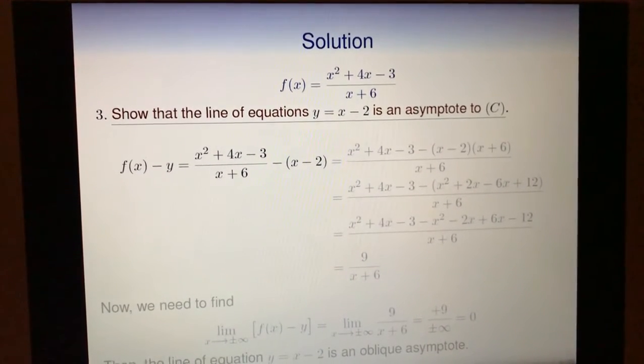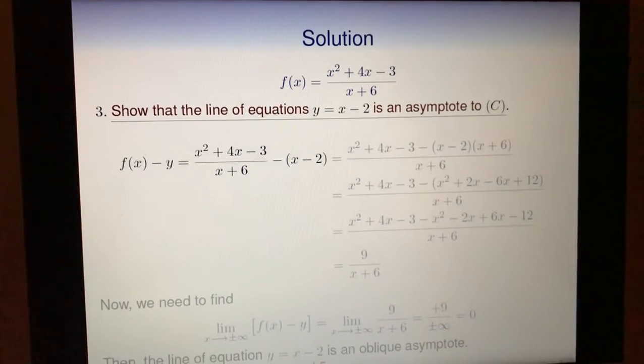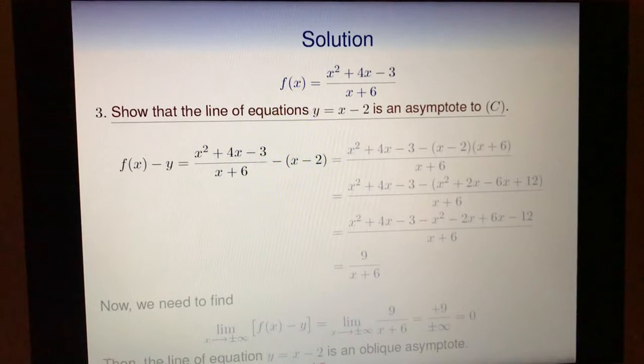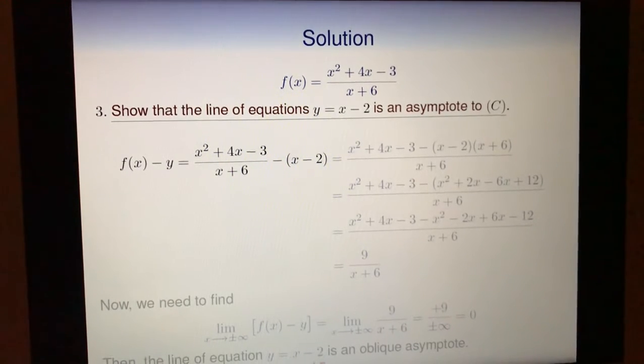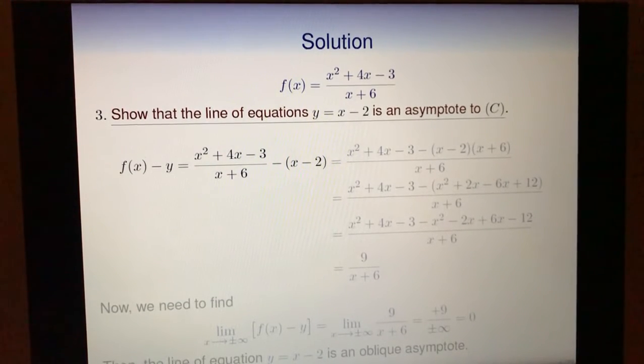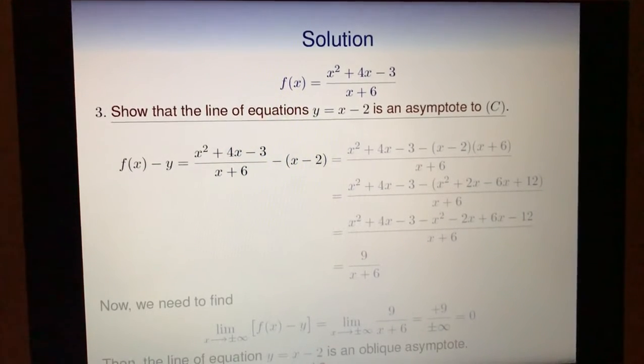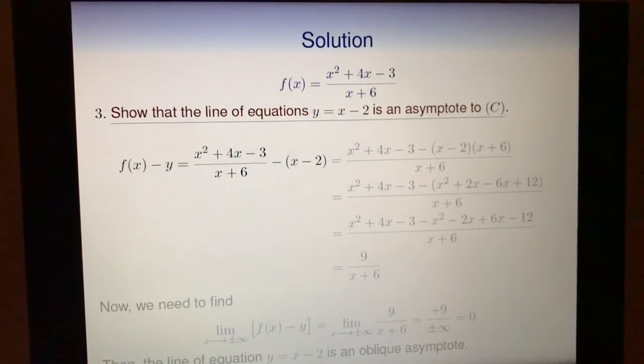So question number 3 is to show that the line of equation y equals x minus 2 is an oblique asymptote. To prove an oblique asymptote, the first step is to evaluate and simplify the expression f of x minus y. First, replace f of x by its expression, and replace y by the equation of the straight line, x minus 2.